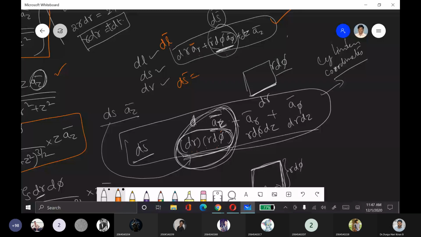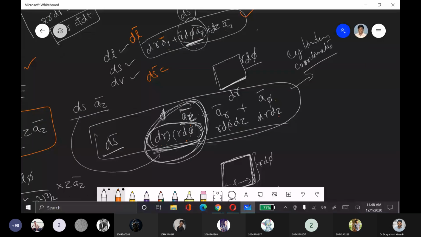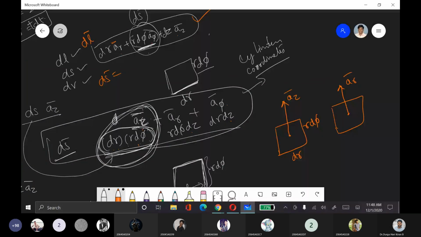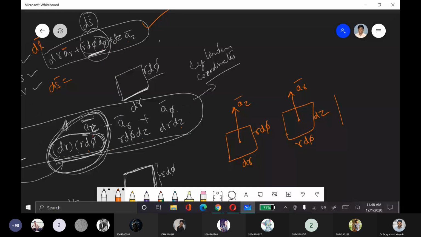If you consider a surface where the normal is A Z bar, what you have to do is R d phi dr. If the normal is A R bar, what you have to do is R d phi dz. If the normal is A phi bar, what you have to do is dr dz.